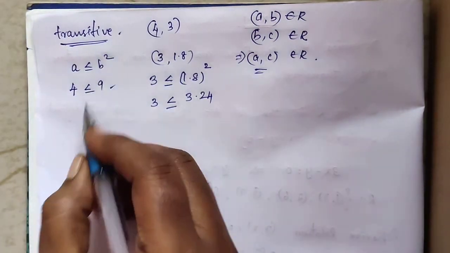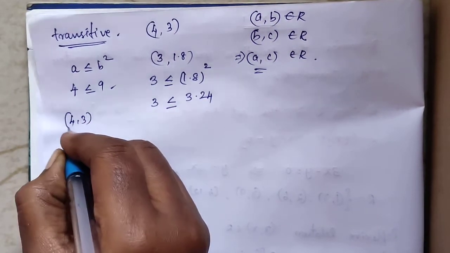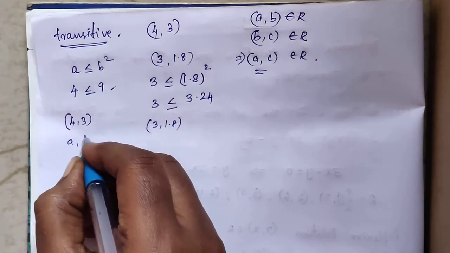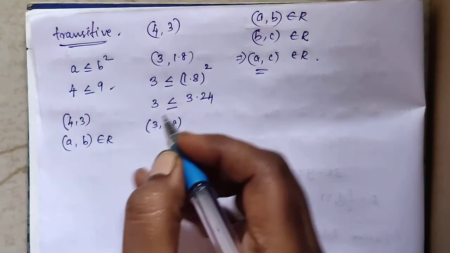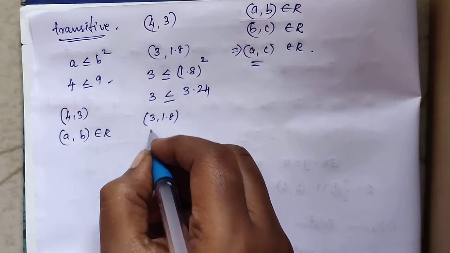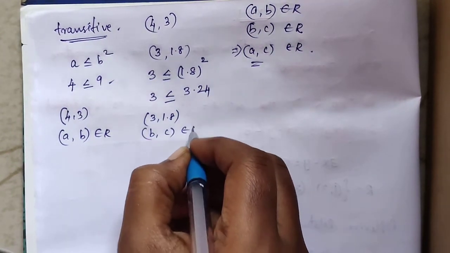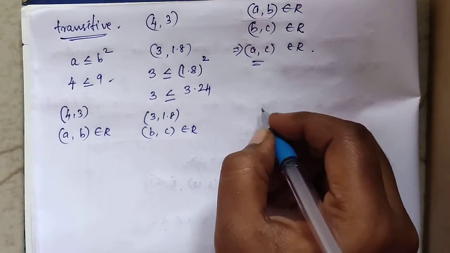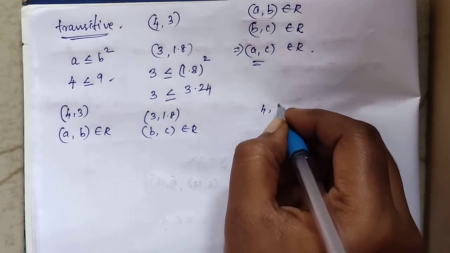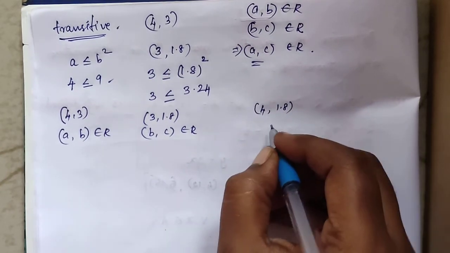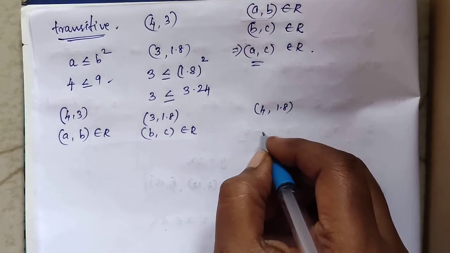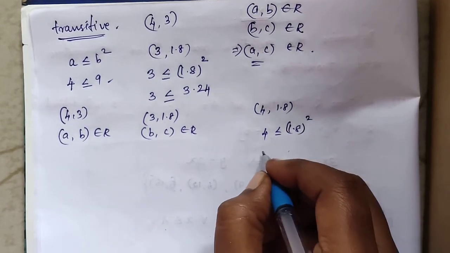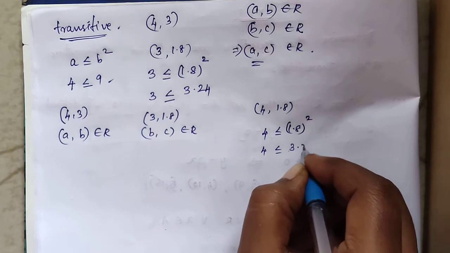Now see, I have selected 4, 3 and 3, 1.8. So a, b belongs to R, and b, c belongs to R. Now go for the next, 4, 1.8. That means 4 less than or equal to 1.8 whole squared, that is 4 less than or equal to 3.24.